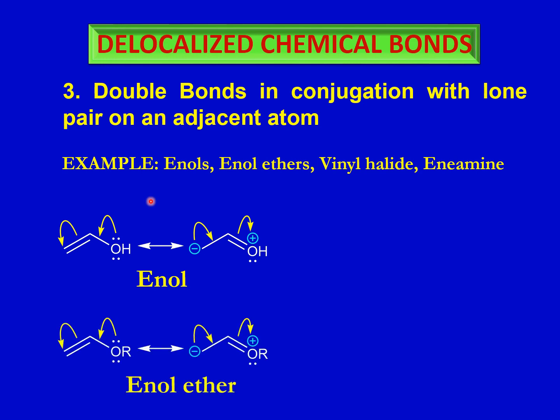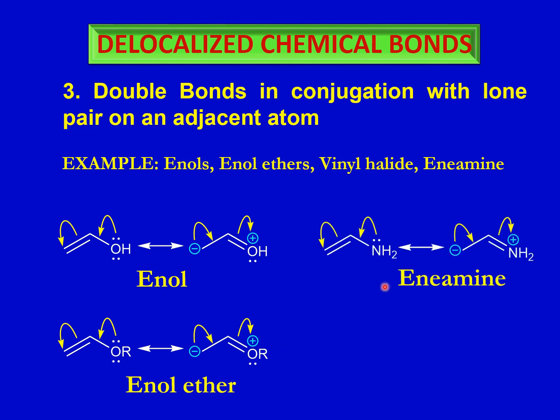Enols can also form ethers. So if we have an OR instead of OH in conjugation with a double bond, the resonance looks exactly similar to that in enol, and we have a positive charge on oxygen in the charge-separated structure, and in the neutral one we do not have any charges.